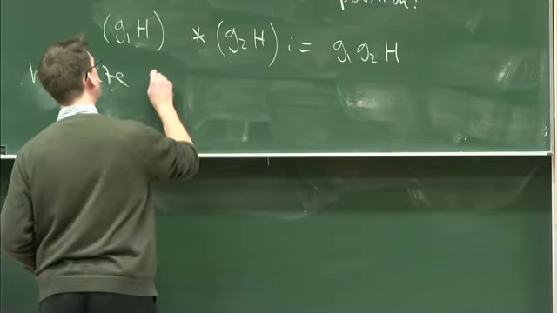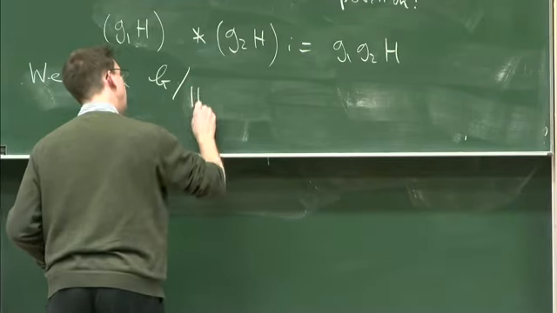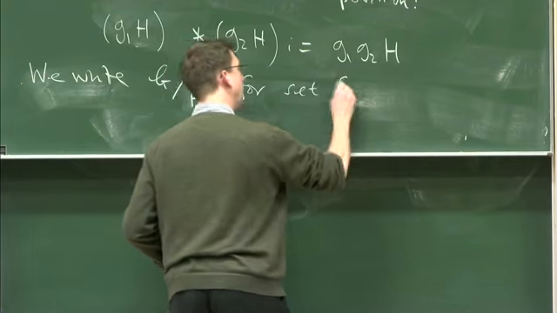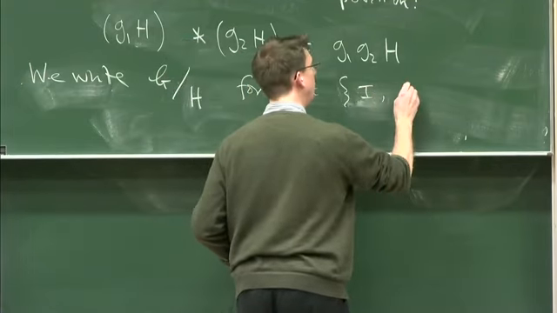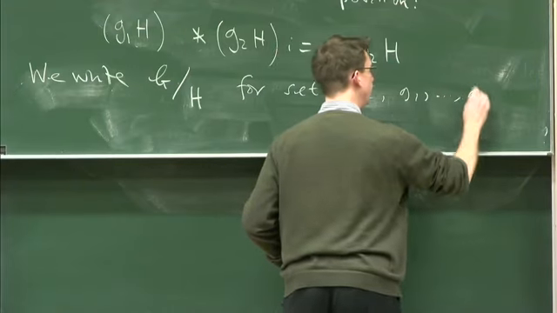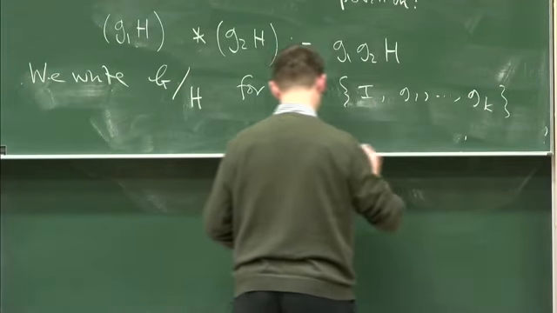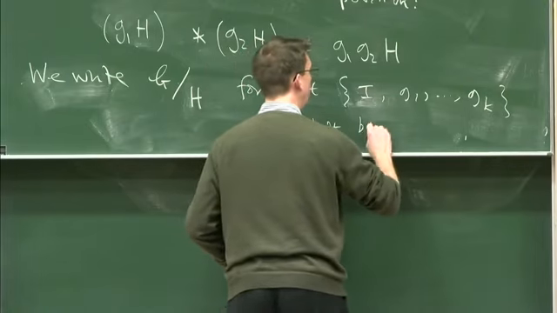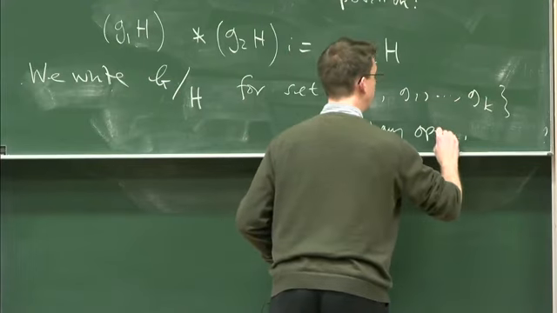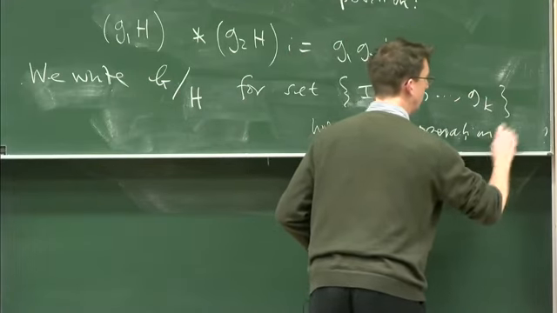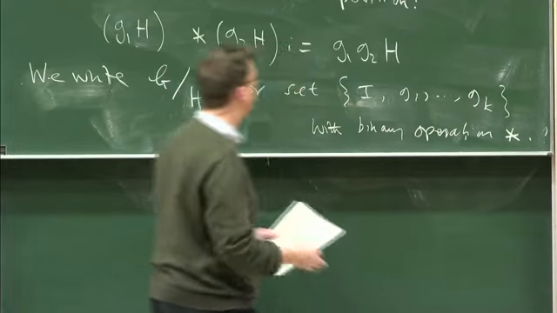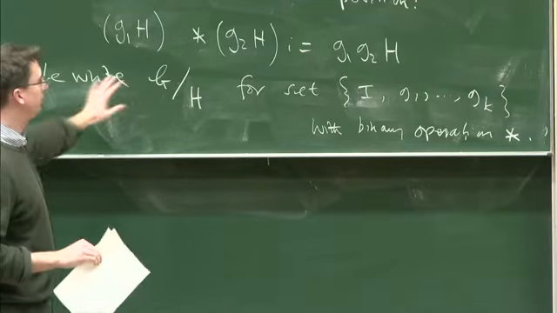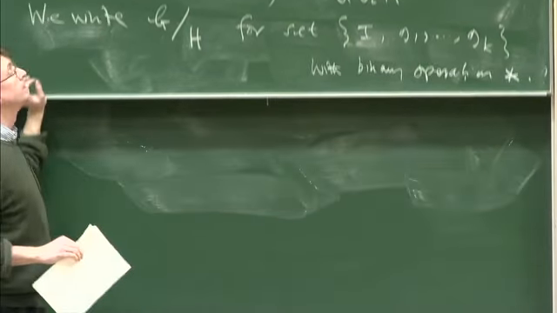So we can write G quotiented by H for the set of elements g1 up to gk, which will multiply my cosets with the binary operation star. Okay, so it's a new group. It's a quotient group or a factor group or something.